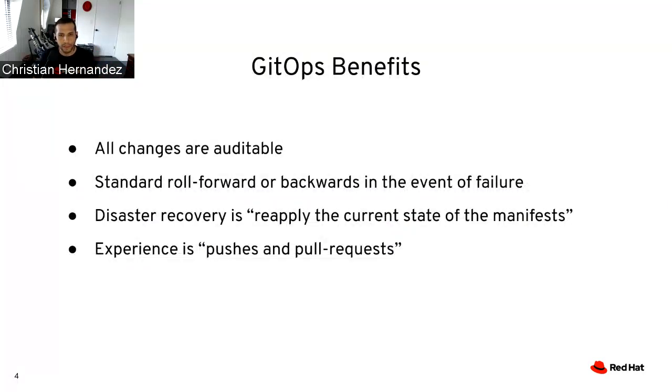There were some cool articles written by Weaveworks, the company that actually coined the phrase GitOps a long time ago, talking about how their customers' recovery took minutes. Most of that was remapping the storage properly, because all it was, was replaying all these manifests.